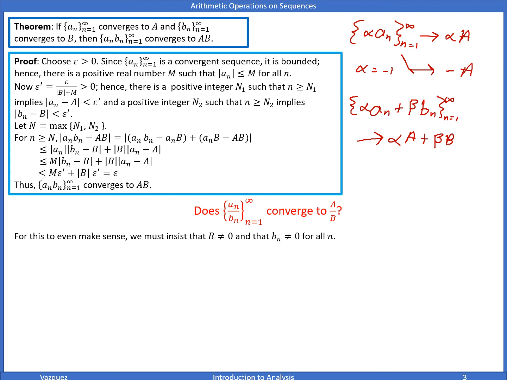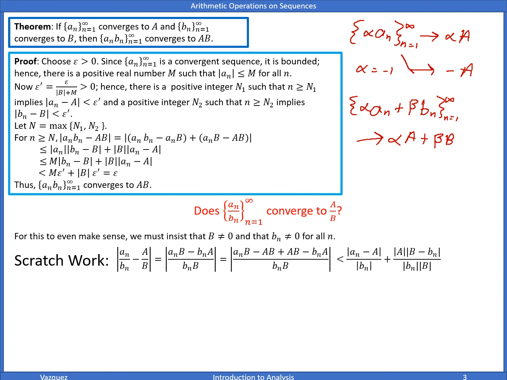Okay, so just as the last slide, we're going to do scratch work. We're going to see what we want and kind of modify things to see if we can get inequalities less than epsilon to see if we can make this proof work or this theorem work. Well, we have an over bn minus a over b, right?